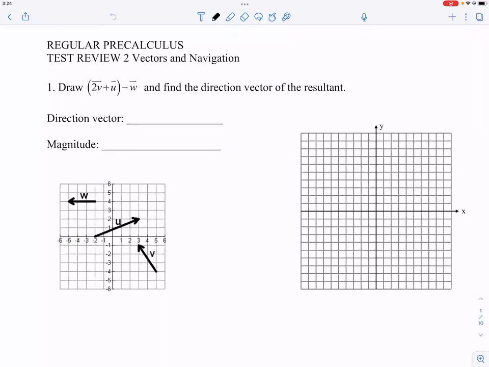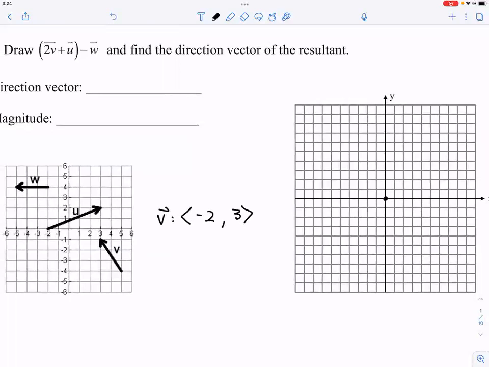So I'm looking at my V vector. My V vector is going to the left 2 units and up 3 units. Now this is not mandatory. You don't have to write it out. I'm just writing it out so that it's easier to see for myself. So I'm starting at the origin, and I'm going to the left 2 and up 3.